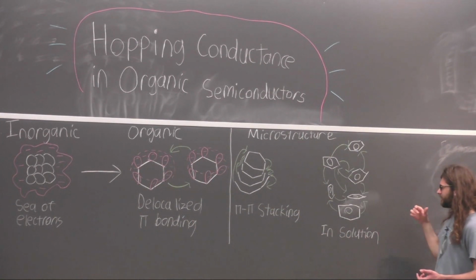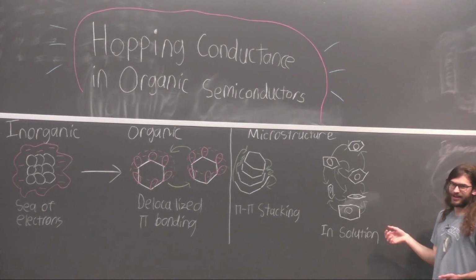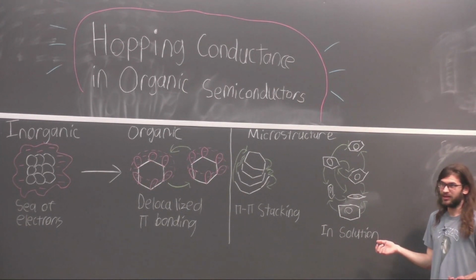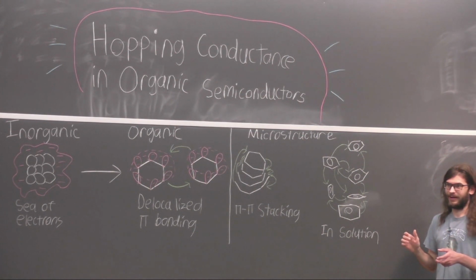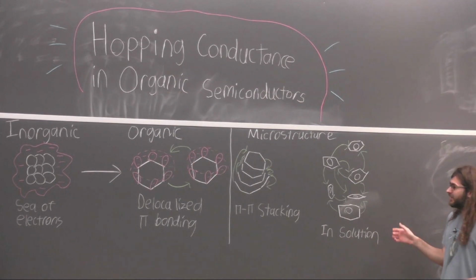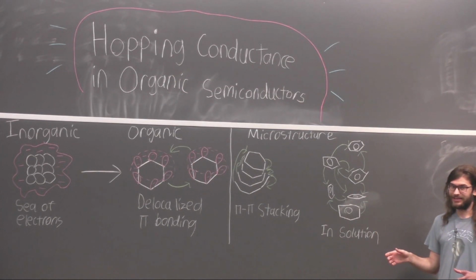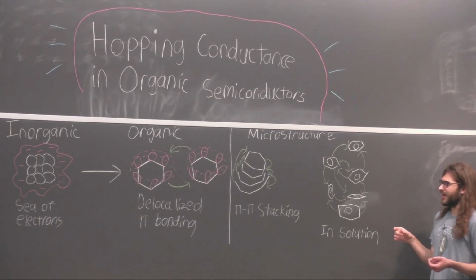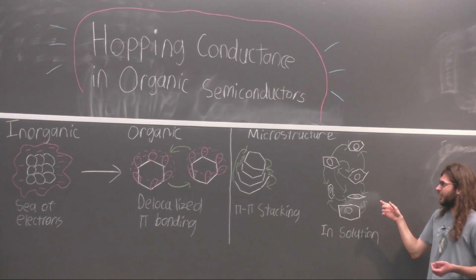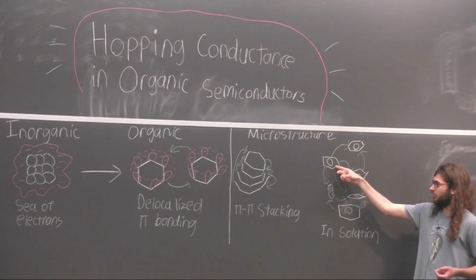Now, if we have an organic compound in solution, we can imagine all these molecules might be very oddly spaced. They could all have different orientations. So it could be very difficult to get a carrier from one molecule to another.